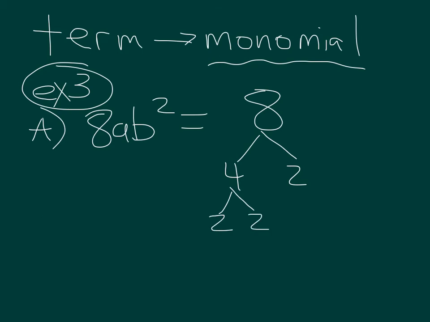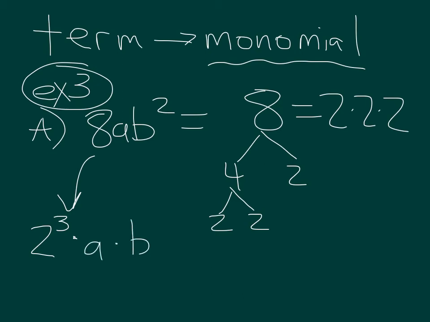So 8 is the same as 2 times 2 times 2. But as we write this down here, 2 times 2 times 2 is really 2 to the third power times A times B times B.